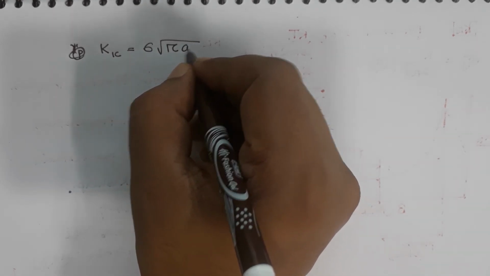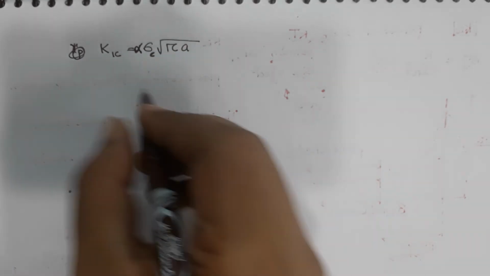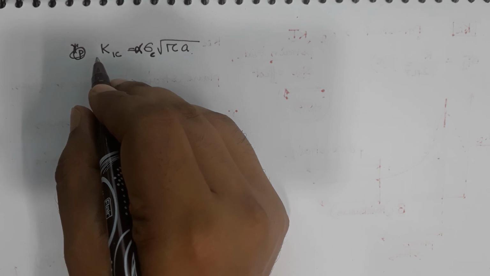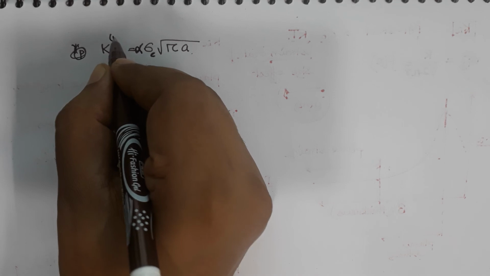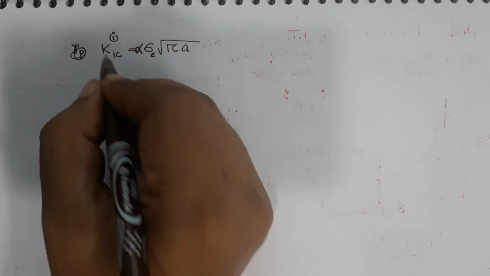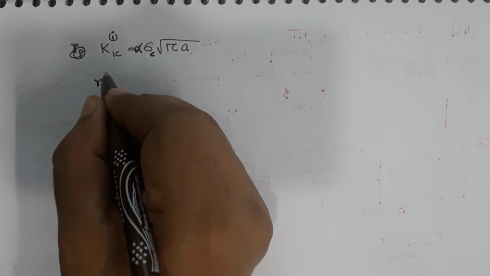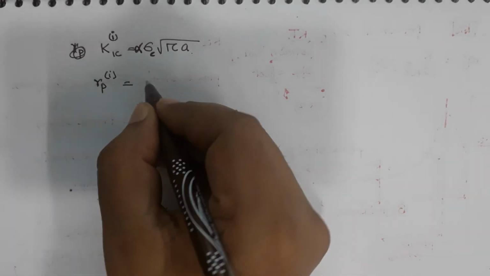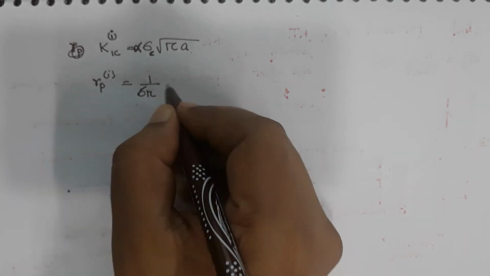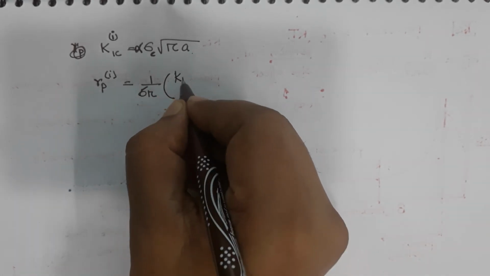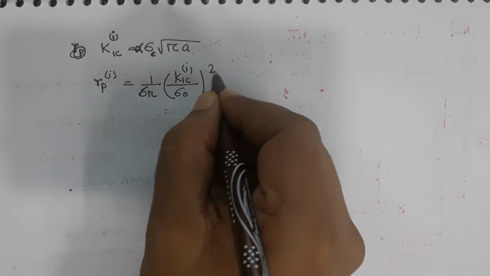So, this is the critical value, then you of course have the shape factor, which is alpha, and then you have a. So, you have the K1C value. Now, let us say that this is initially, okay, this is i. Then I calculate the plastic zone radius equals 1 by 6 pi, taking the plane strain condition, K1C i divided by sigma naught, whole square.